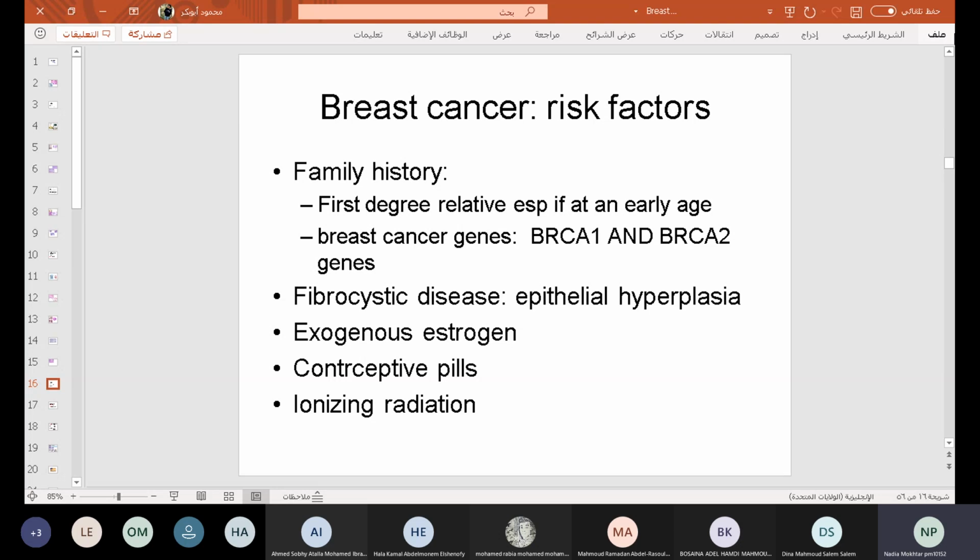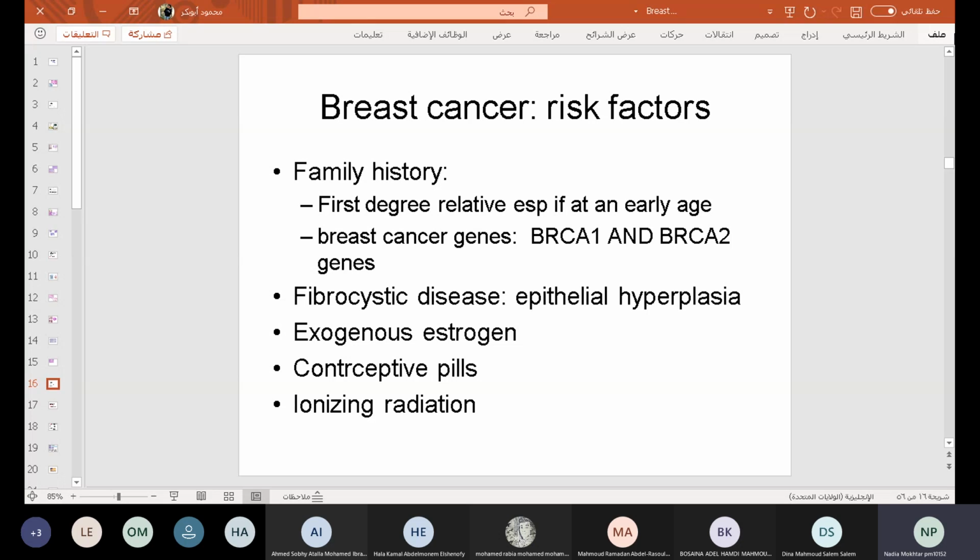What is the second? We talked about fibrocystic disease. Why? Because of the high estrogen level and because it causes what is known as epithelial hyperplasia, which may undergo dysplasia, after dysplasia, carcinoma in situ, and then invasive cancer. A high estrogen is very hazardous to the breast.